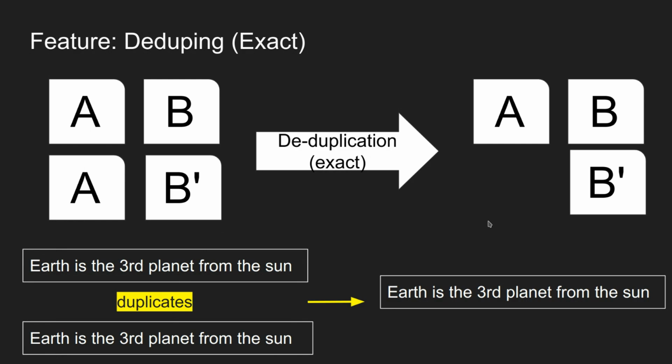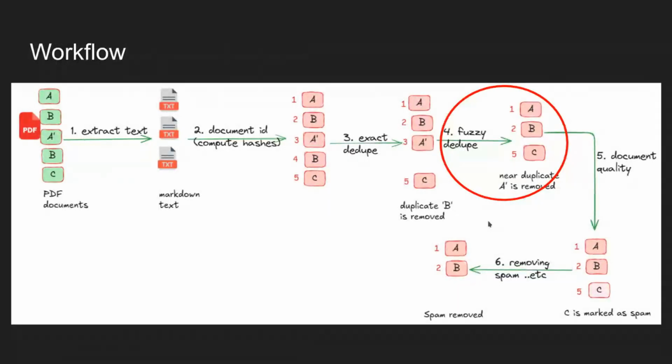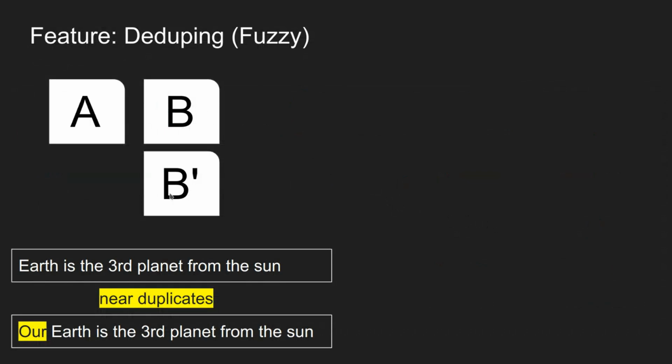Now, the fuzzy dedupe is a little smarter, because now imagine I have 2 documents that are almost similar. I put in some sample text. Imagine one document has this, and another document has maybe an extra word, or an extra blank line. So they're not exactly the same, but pretty much similar for our purposes.